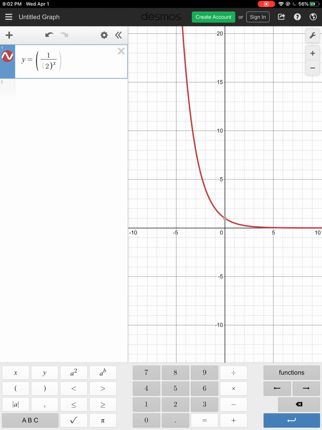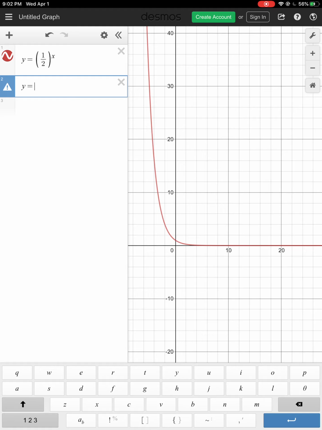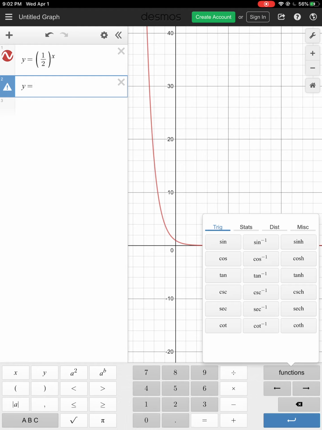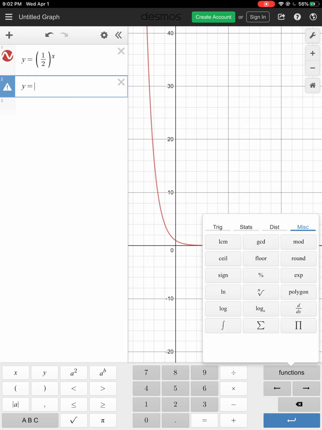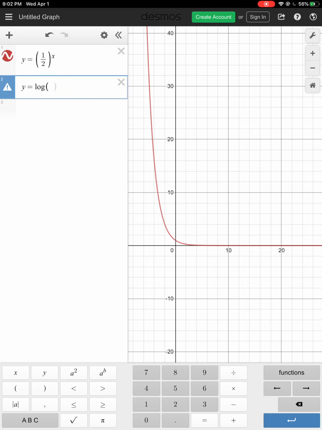This is our typical kind of exponential function. This is a decreasing exponential model. And then if we were to graph the other one, y equals log, there it is. Log, we're going to have to put the base.